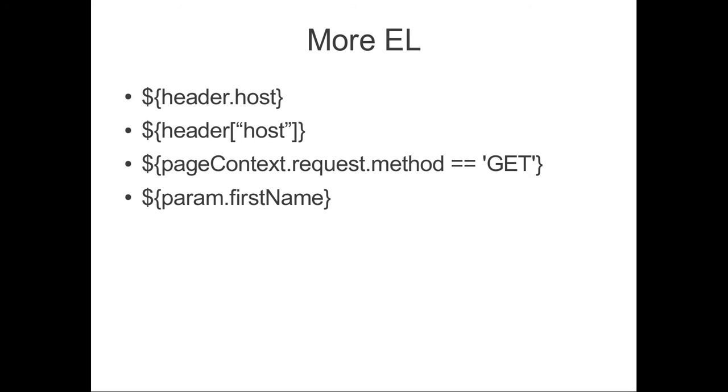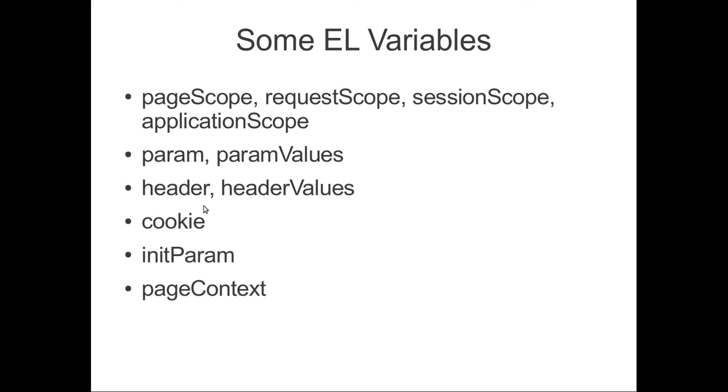We could wrap some content in a get, and we'll look at an example of that. And here we're just getting the first name parameter, as you might expect. There's a bunch of other EL variables that we have available to us by default: cookie, init param, page context, all of our scopes and parameters, values, headers, and so on.